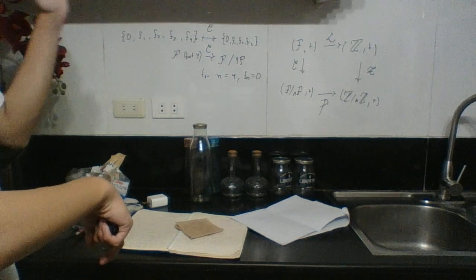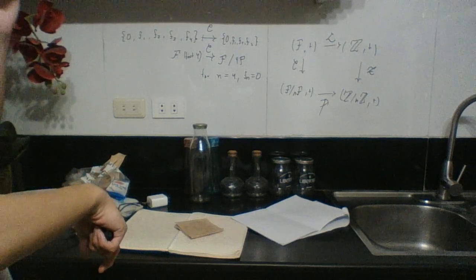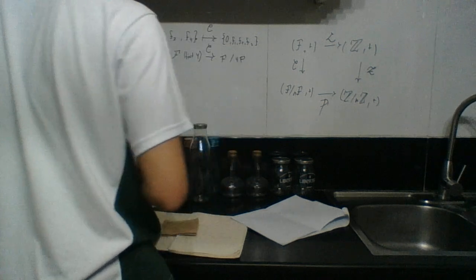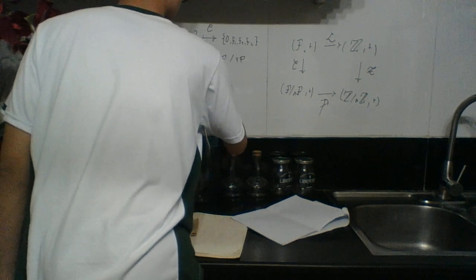The fifth femboy is just congruent to the first femboy, modulo 4. So one thing to note here is that, for example, F5 is congruent to F1 mod 4.